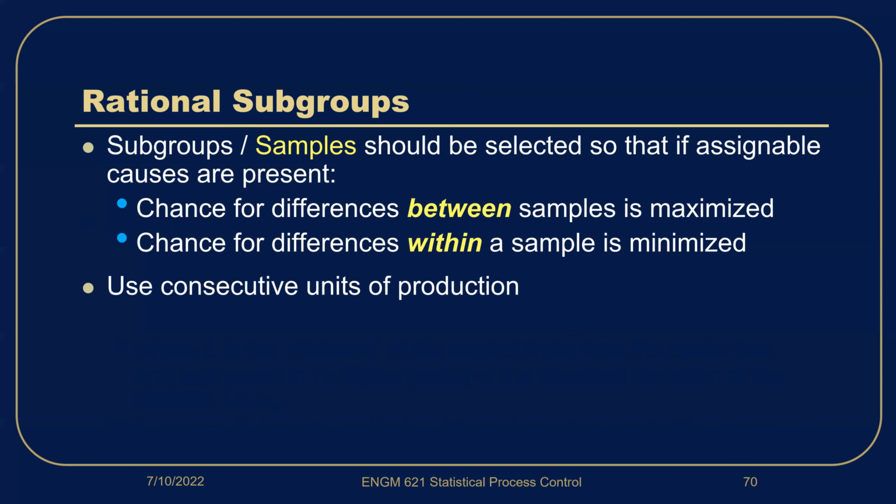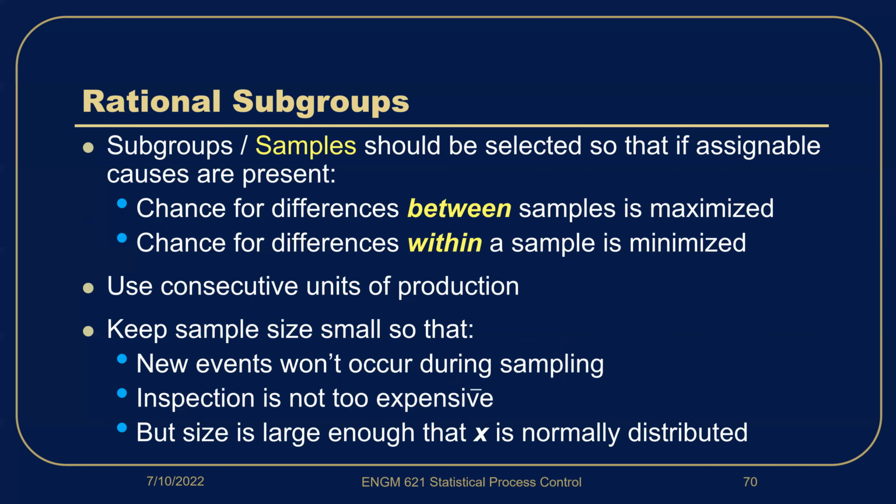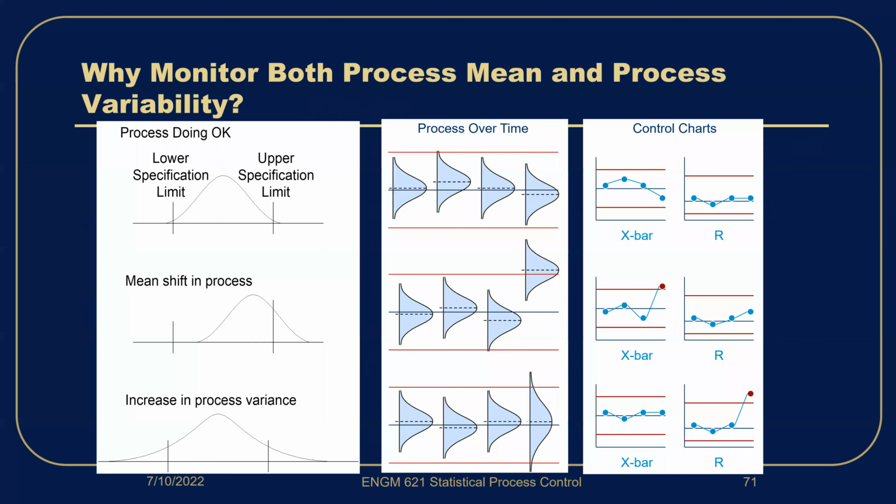Second, we use consecutive units of production. Third, we desire a small sample size so that new events won't occur during the sampling. Inspection is not too expensive, but the size should still be large enough to ensure normal distribution.